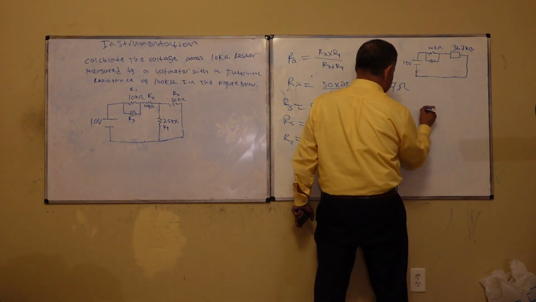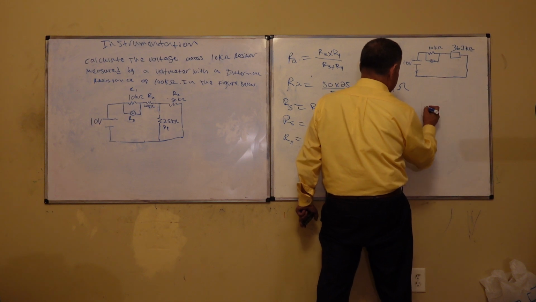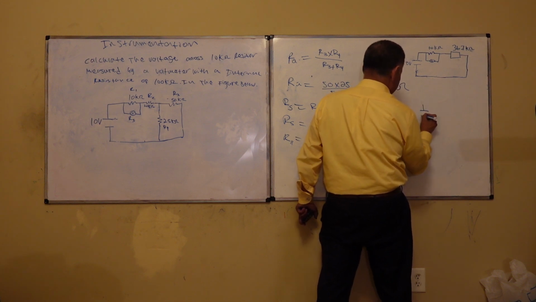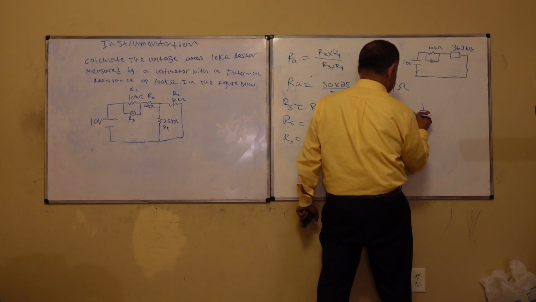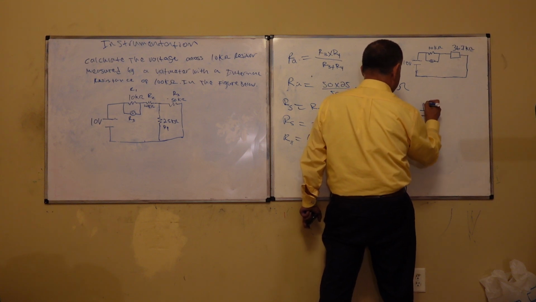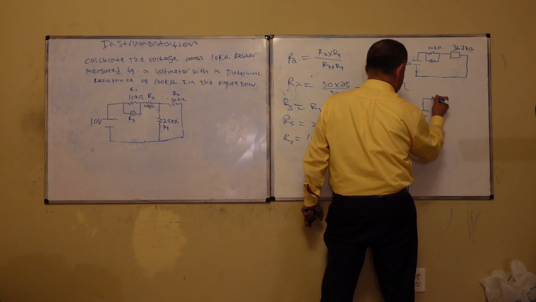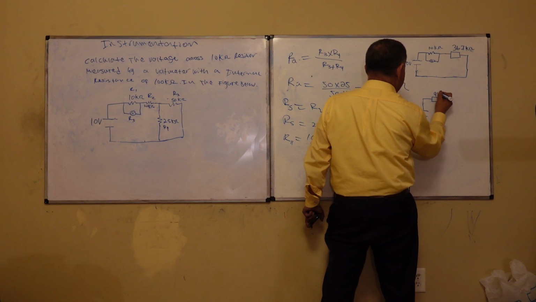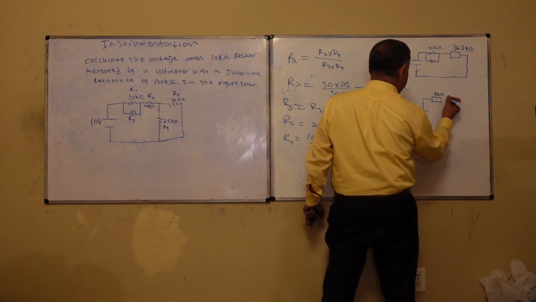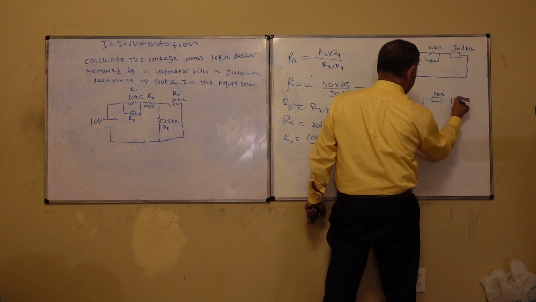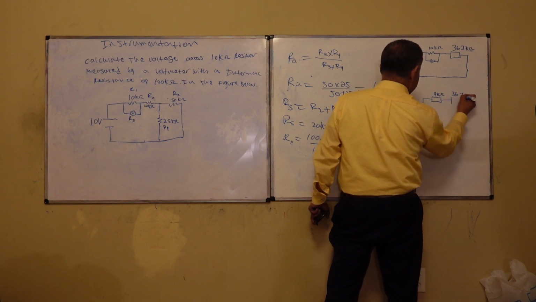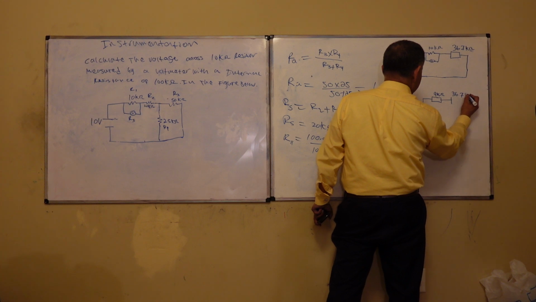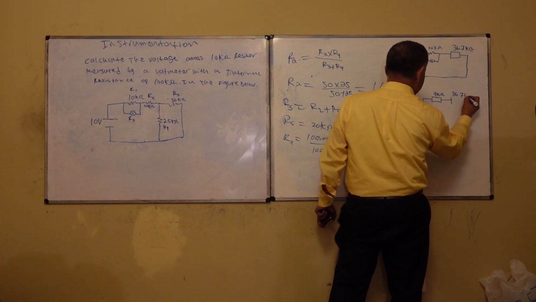I have this 10 volts, and then I have 9 kilo ohms, and I have 36.7 kilo ohms.